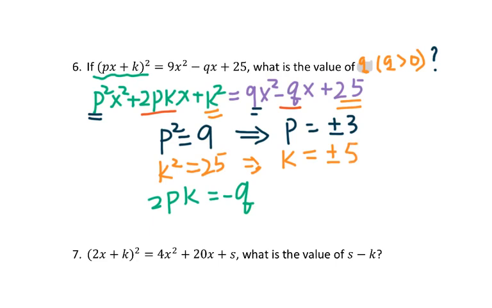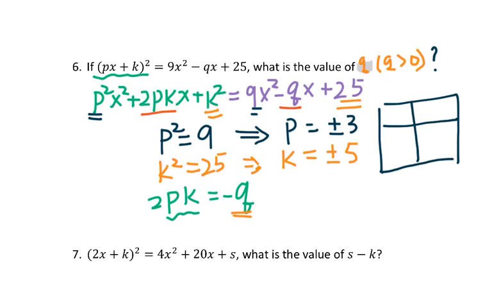Since q is positive, pk multiplied gives a negative number, which means there are two situations for p and k. When p is positive 3, then k will be negative 5.